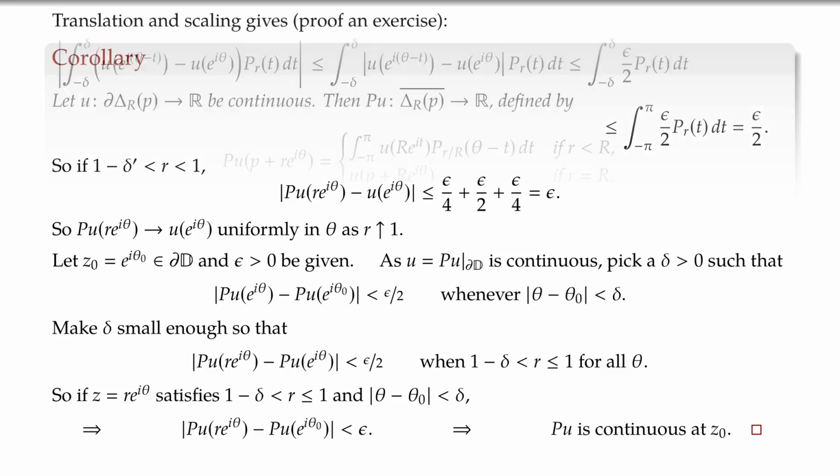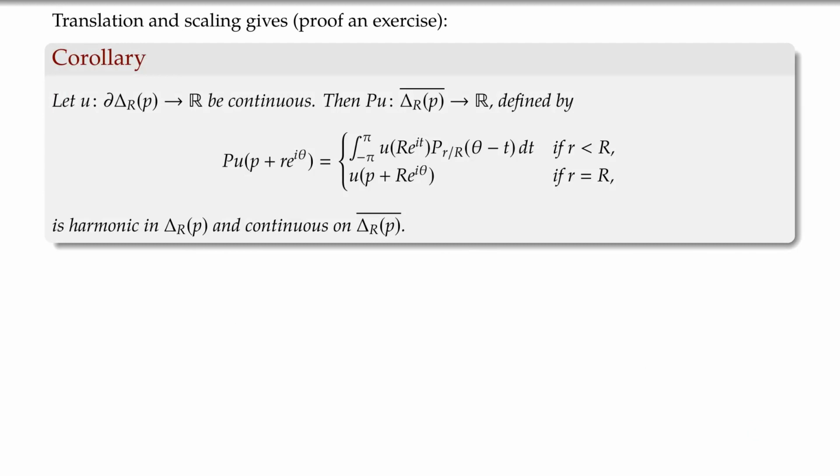All right. Well, now we have that theorem, and we could rescale things, and we could translate things. Oh, there's a typo in here. I just noticed this. This is not u at r e^{i t}.